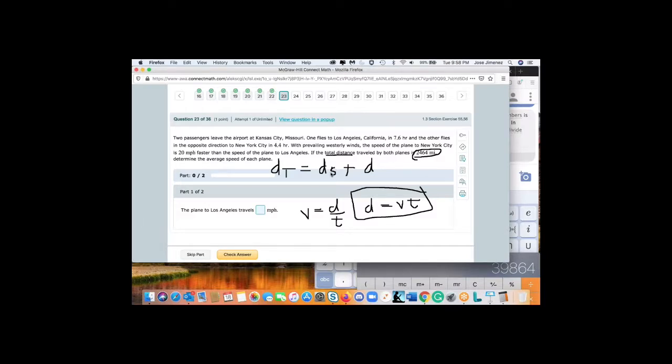I was looking at another problem. So one flight to Los Angeles, California, and the other one flies the opposite direction to New York. So the total distance will be the one going to Los Angeles plus the one going to New York, and this is equal to 2464. It's already given. Right, so this is the general idea we need to work with.